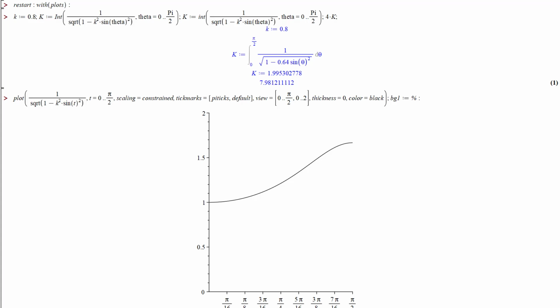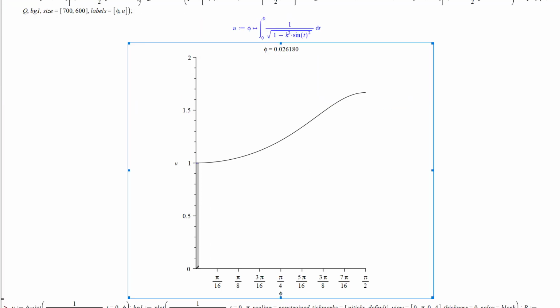So a little deeper look at the graphs. First, here's my integrand over a quarter period when k is 0.8. And so if you integrate, you get the u in terms of phi, right? So there's the integrand, and u is defined as that integral. You can see it right there.